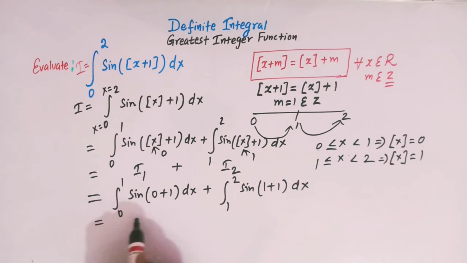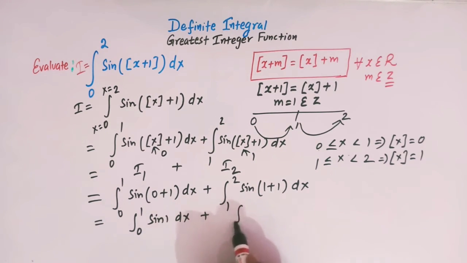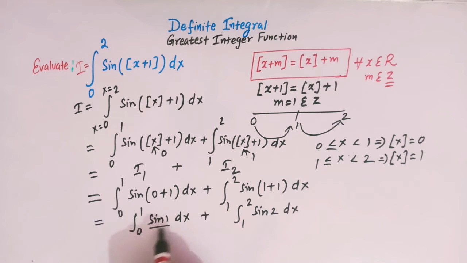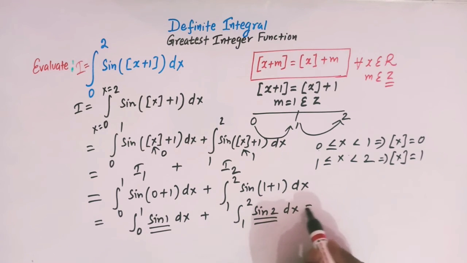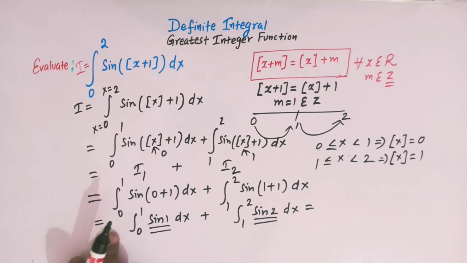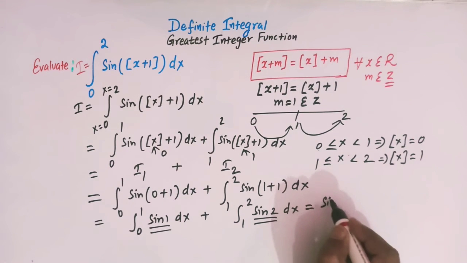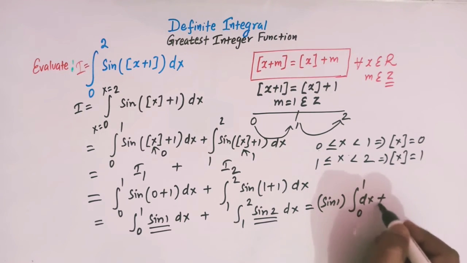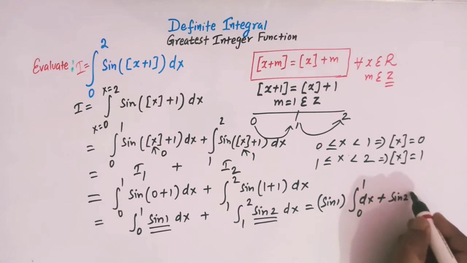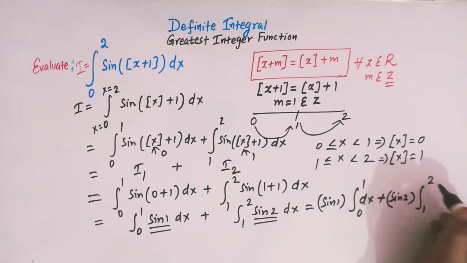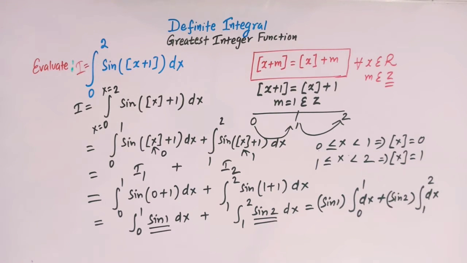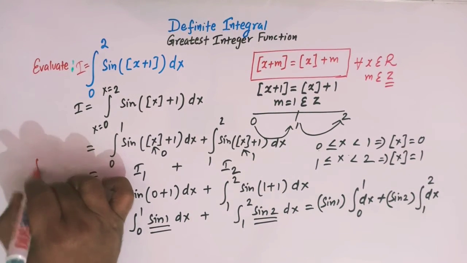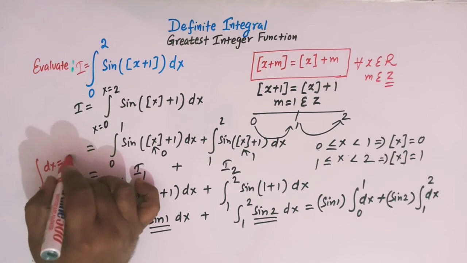Now this is the integral from 0 to 1 of sine 1 dx, and here we have the integral from 1 to 2 of sine of 2 dx. Sine 1 and sine 2 are constants, so we can take them outside the integral sign. So we have sine of 1 times the integral from 0 to 1 of dx, and sine of 2 times the integral from 1 to 2 of dx. The integral of dx is simply x.